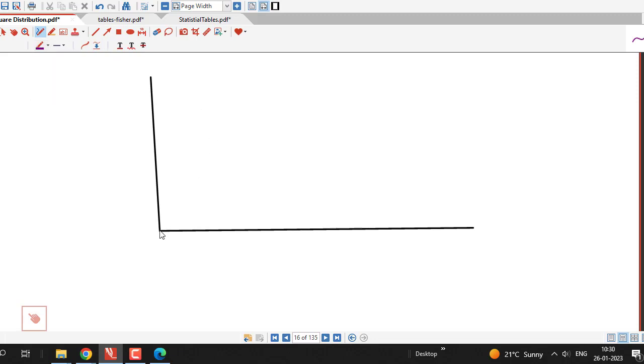Let me roughly sketch the graph of the distribution. We always have the right tail towards the positive side. Suppose these two areas are equal to alpha by 2. Suppose we have a two-tailed test and we want to find these critical points.